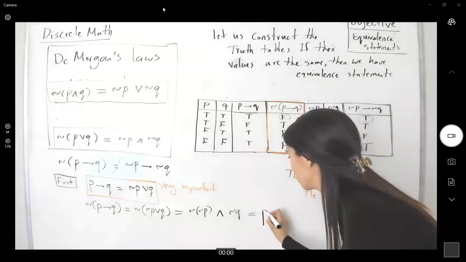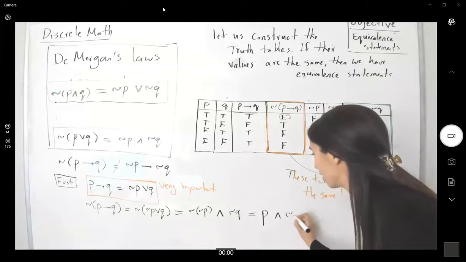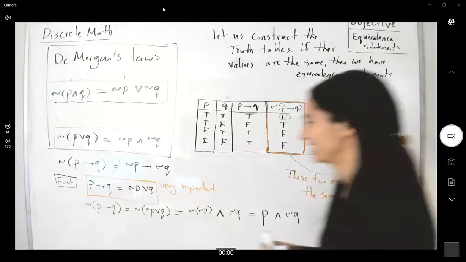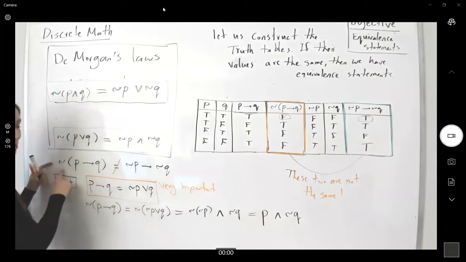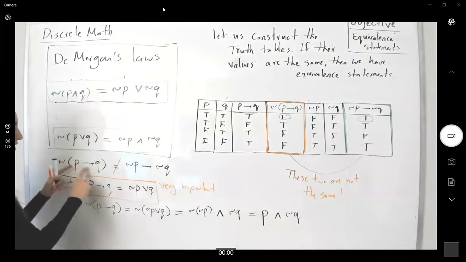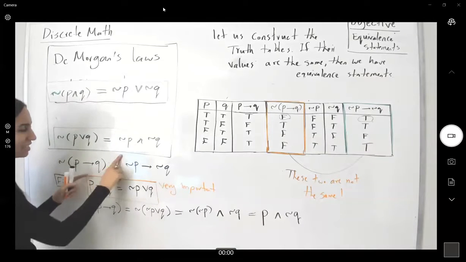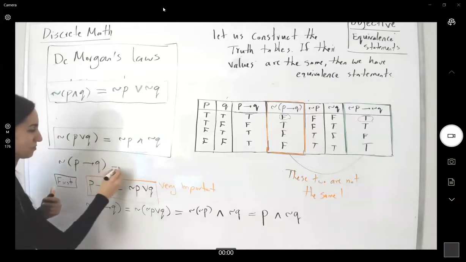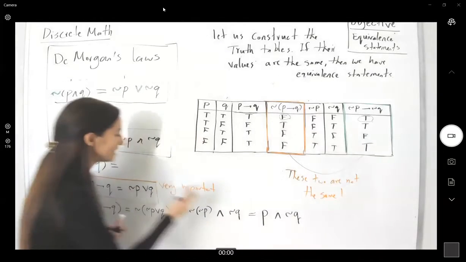So it is going to be P and not Q. So the negation of P then Q is the same as P and not Q.